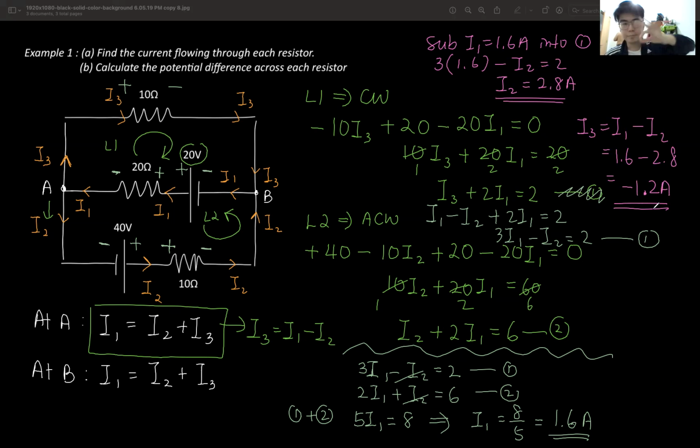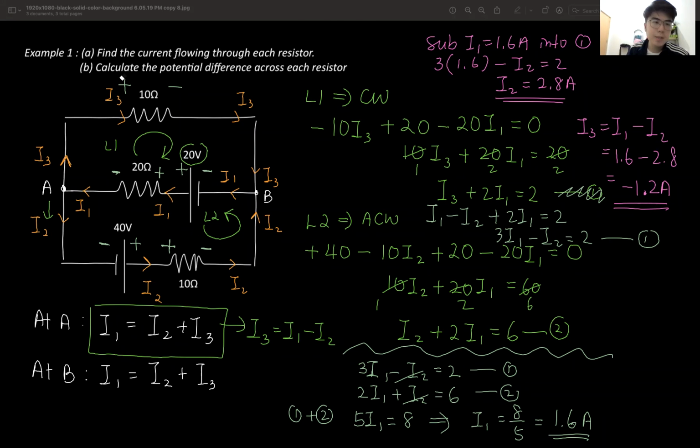Okay, now I already got my I1, I2, and I3. You look at I1 and I2, it's a positive value, right? That means I1 and I2 I labeled correctly in the circuit. Okay, the direction that I label is the actual direction. But if you look at I3, it is a negative 1.2 A, right? So I can change the direction here.